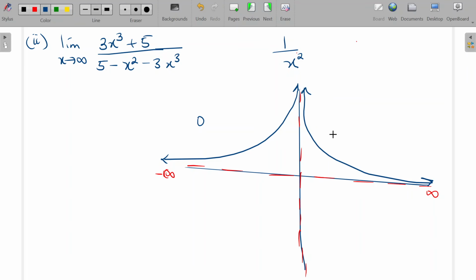Again, this side, as I'm going to infinity from the positive side, oh, sorry, not this. It's here.